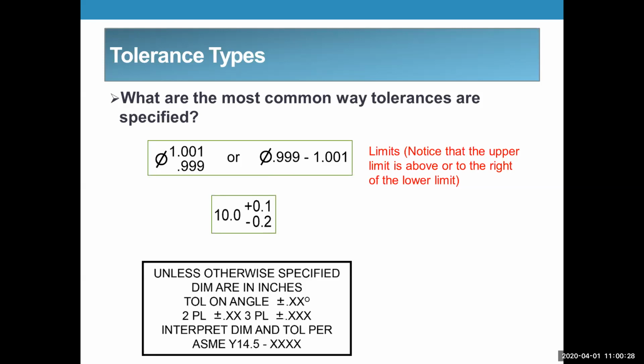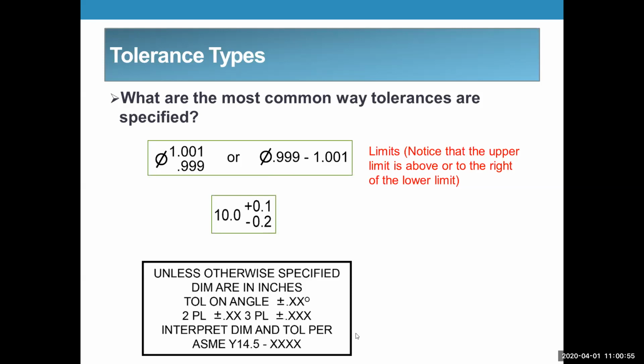So we did tolerancing without really knowing what we were doing, unless we're obviously already versed in it from working, but some of us aren't. But at least we got the formatting down a little bit, whether it's limits or bilateral or symmetric.